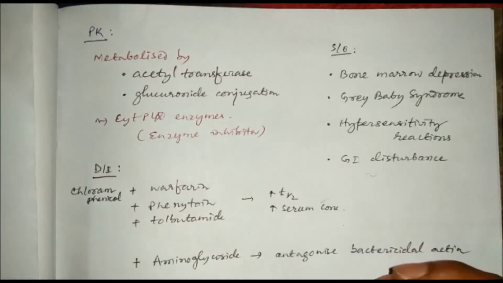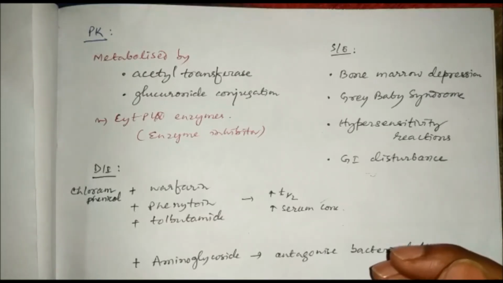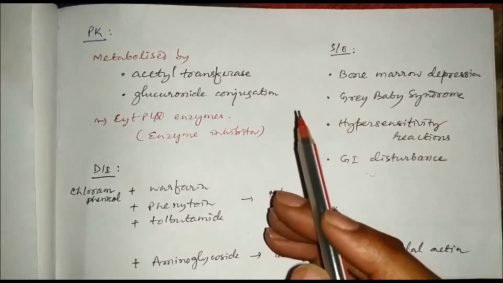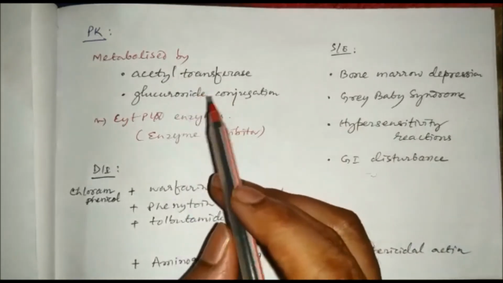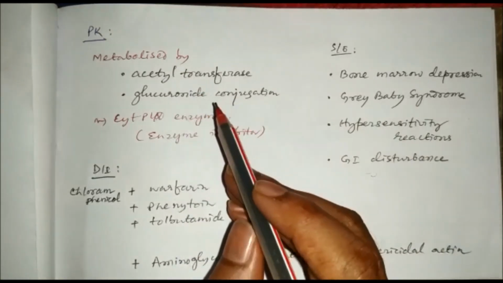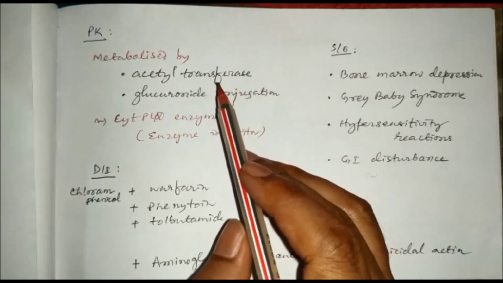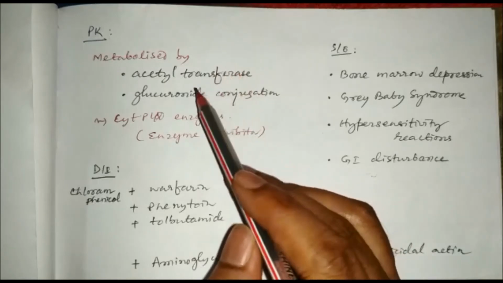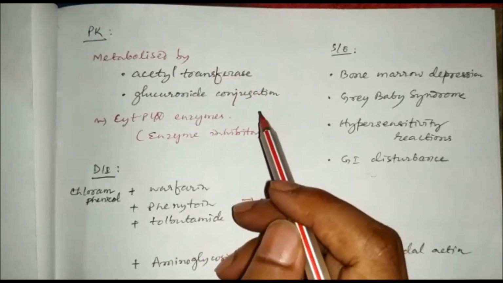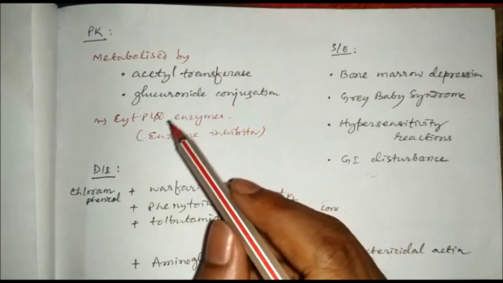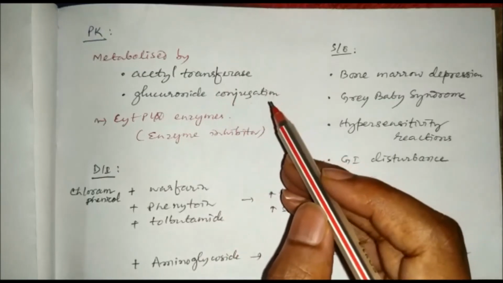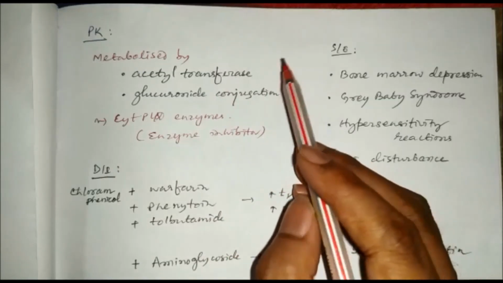Now pharmacokinetics. Chloramphenicol is rapidly and completely absorbed orally, and it can also be given topically as well as parenterally, and it is widely distributed throughout the tissues and body fluids including cerebrospinal fluid, and it is metabolized by acetyltransferase and glucuronide conjugation. 10% is excreted unchanged in urine, and the remainder is inactivated in the liver.